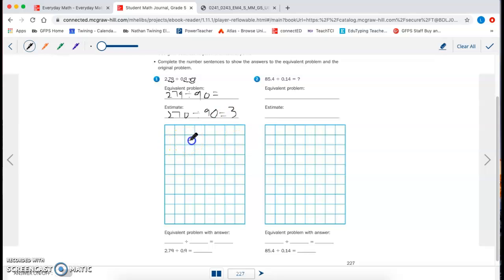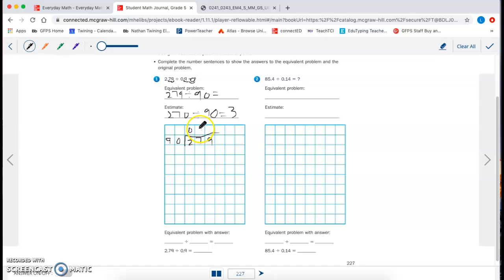Now I actually have to do the math. So I have 279, and I'm going to divide it by 90. Now, let's look. Does 90 go into 2? No, it does not. Does 90 go into 27?